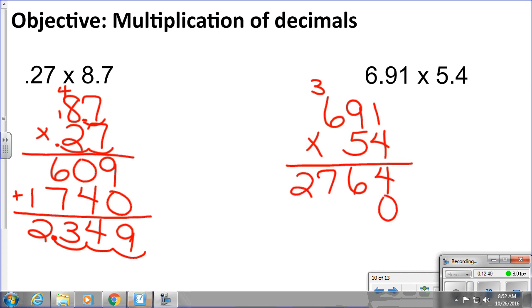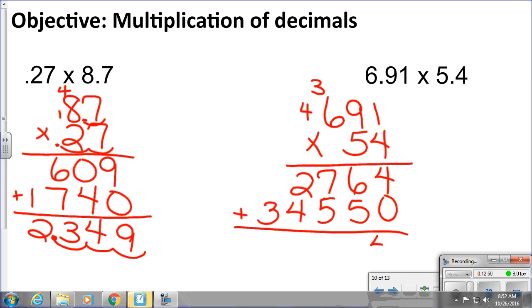Placeholder 0, 5 times 1 is 5, 5 times 9 is 45, carry the 4, 6 times 5 is 30, plus 4 is 34. Placing the decimals back where they originally were, 1, 2, 3, 1, 2, 3. Don't assume that every problem is always over 3 hops. Just happens to be a coincidence in these two problems.